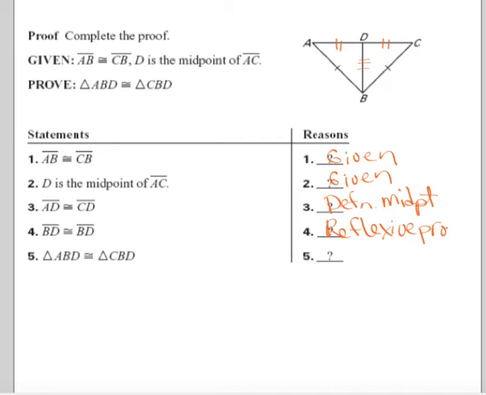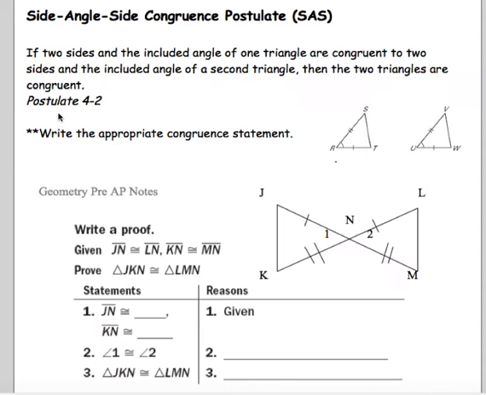Reflexive property of congruence here because it's congruence. And now we can say that the triangles are congruent by the side, side, side congruence postulate. And that's the proof for that one. There's our side, side, side sample.